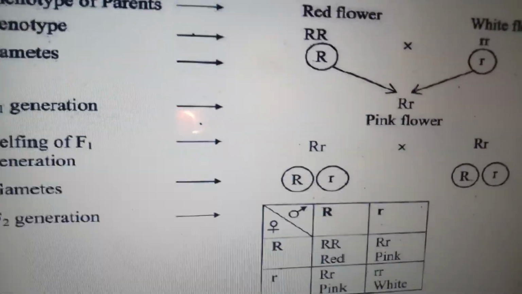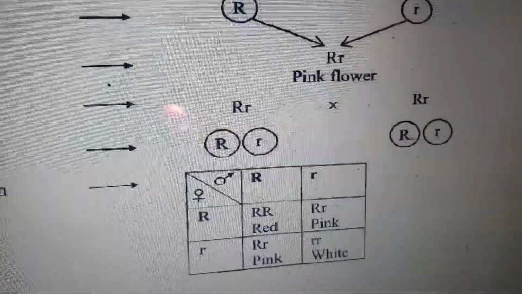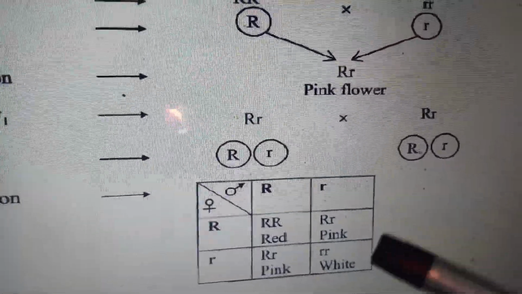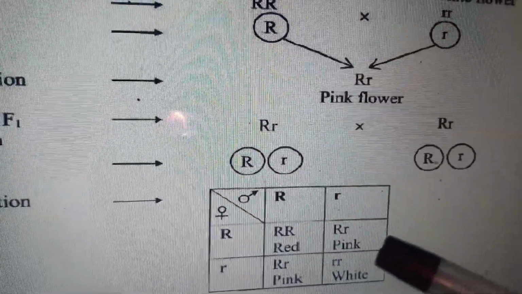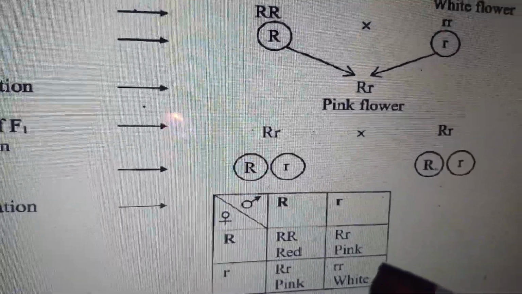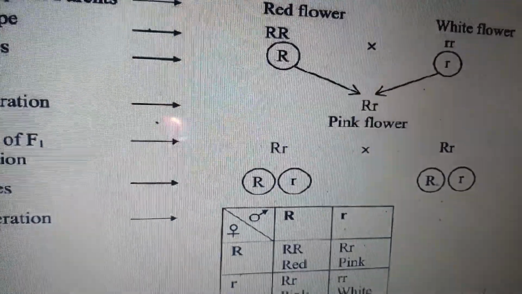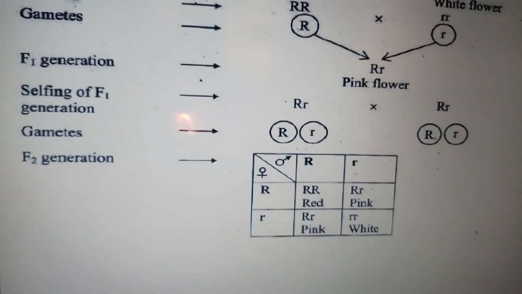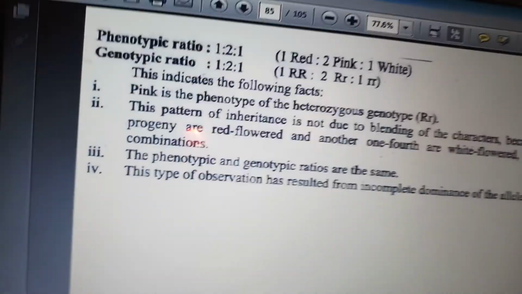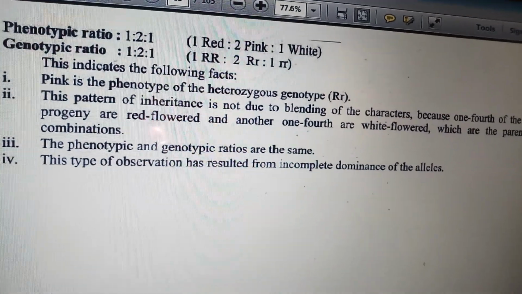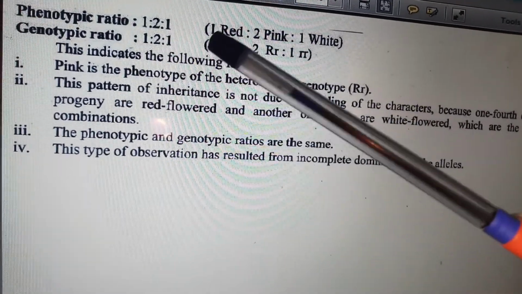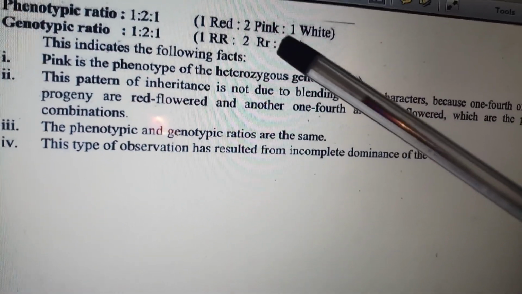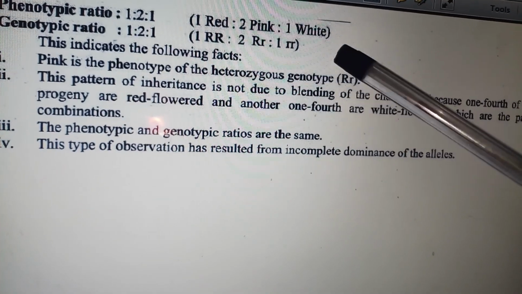If you make the gametes in a Punnett square, you can see in the F2 generation one red, RR, two pink, Rr, and one white, rr. So the phenotypic ratio is 1:2:1, one red, two pink and one white, and the genotypic ratio is again 1:2:1, one RR, two Rr, one rr.